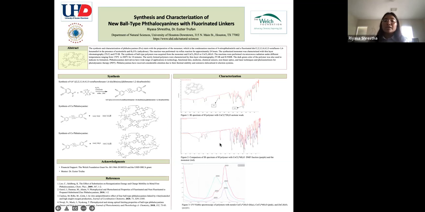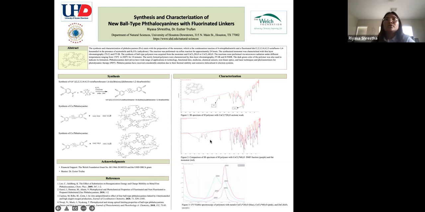So the main peak that we're looking at is the 2235 peak over here, which is the peak for the C≡N triple bond in the monomer. So primarily, we're looking for the consumption of all the monomer because we want our sample to be as pure as possible. So therefore, this 2235 peak will not be there at all for the ball-type phthalocyanine.